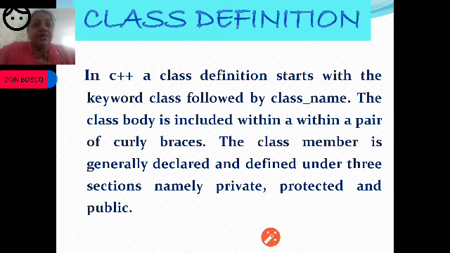The syntax starts with the keyword class followed by the class name, and the entire class body is included within a pair of curly braces, and the class members are generally declared under three sections, namely private, protected and public. Now let us have a look at the syntax of how we can define a class in C++.